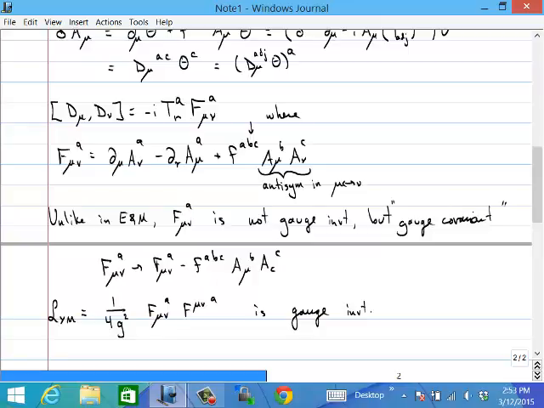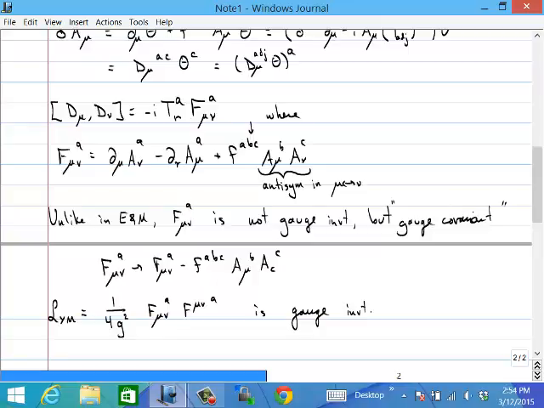So this is a relatively simple symbol for something with a lot of terms. Mu and nu both run from 1 up to 4. A runs from 1 up to the dimension of the gauge group. So, for example, in QCD, where the dimension of the gauge group is 8, this would be 6 times 8. It would be a sum of 48 different terms, because an antisymmetric 2-index tensor has 6 degrees of freedom.